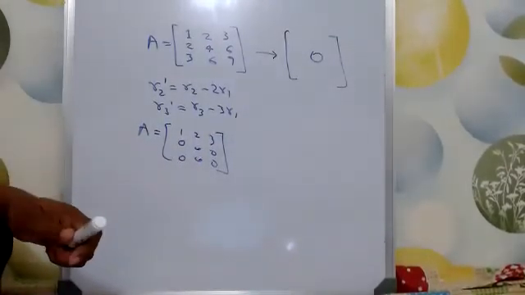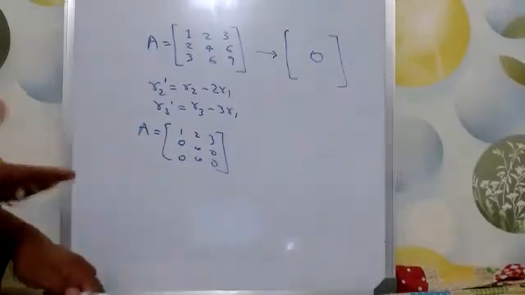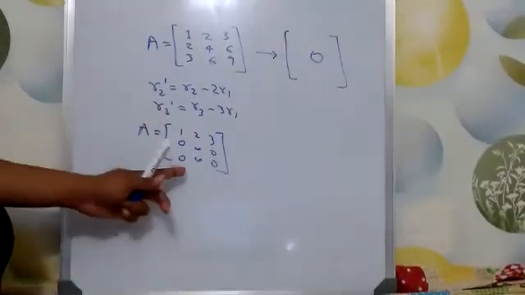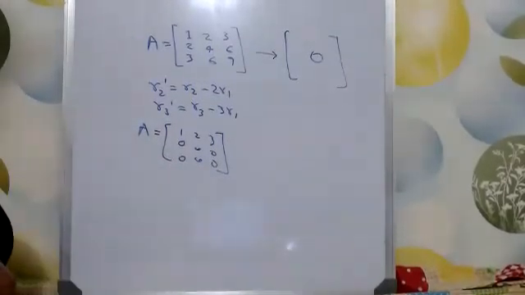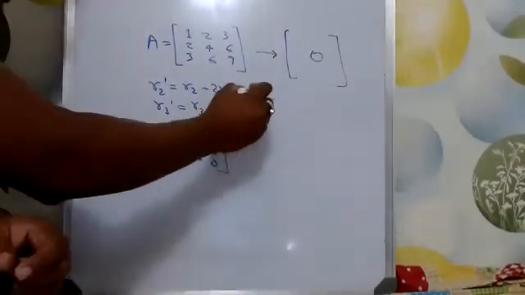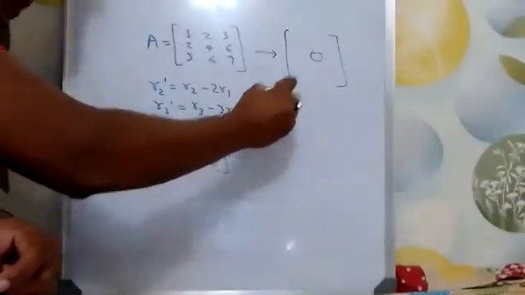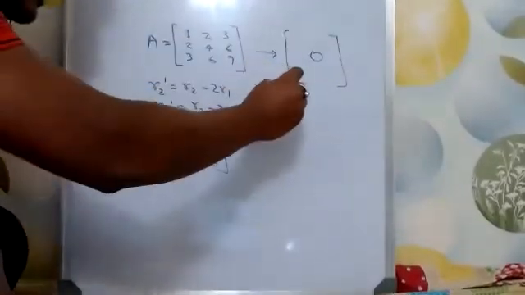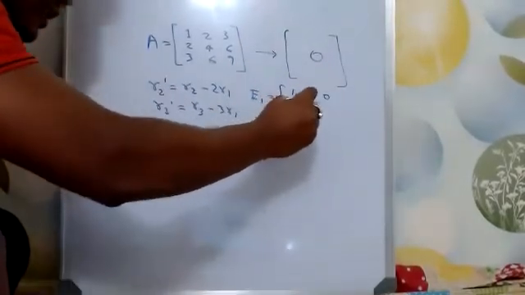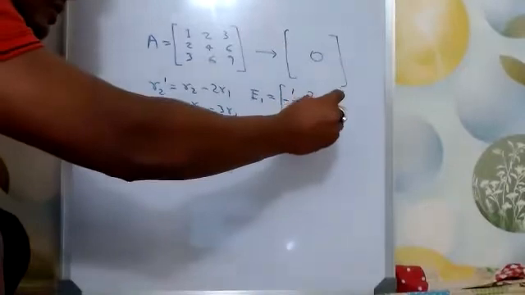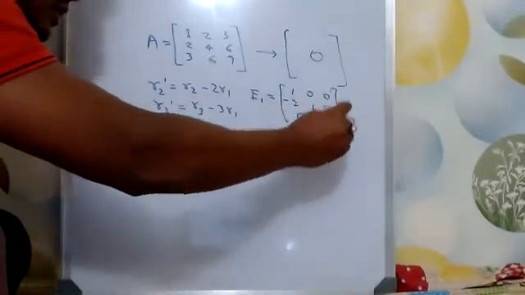So this is also kind of what your RRF would do. If you had applied RRF, you would have got something similar to this. So what will happen now? You see that this is E1, right? So E1 is equal to 1 0 0, minus 2 1 0, 0 0 1. This one you know, right?